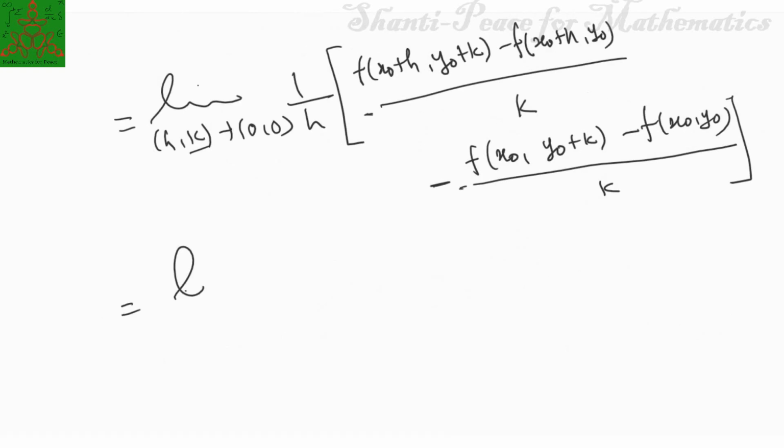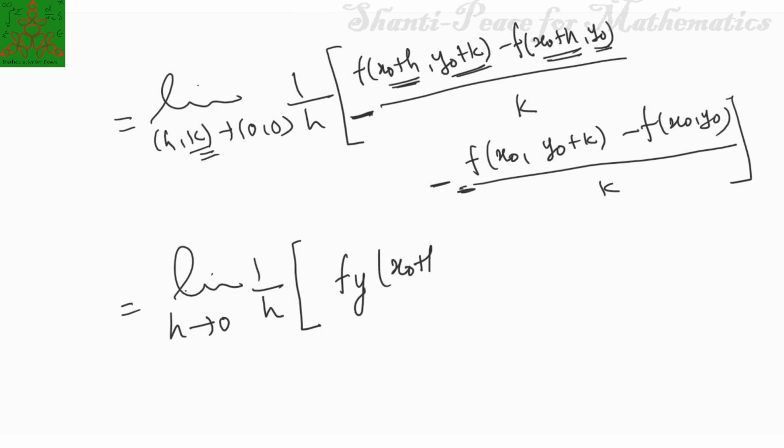So finally what we have is limit h tends to 0 of 1 upon h, which I may write outside. In this quantity, if I take the limit k tends to 0, keeping your x0 plus h fixed and changing only in y, that's why it is f_y at (x0 plus h, y0) minus f_y at (x0, y0), because here also you are fixing x0 and changing only in y, from y0 plus k to y0.